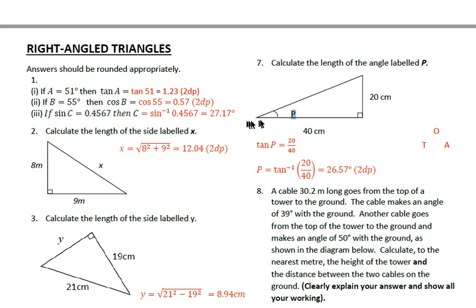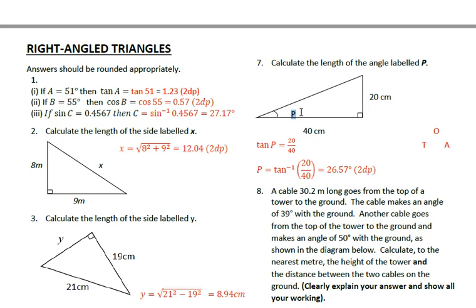Well, no, we haven't been given an angle, but there's a missing angle, and we're still trying to figure out the angle. Over here, we're not trying to figure out an angle, so automatically we're trying to find a side. So that's Pythagoras, nothing in the middle, and we're trying to find a side. Over here, there's no angle in the middle, but we're still trying to figure out an angle.